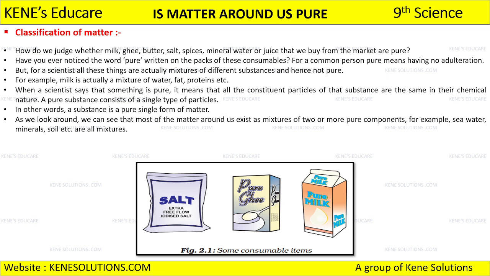That is what it states. We all get misunderstood that pure means it is not impure, that it has everything which is pure inside it, right? It's not that thing. It's that everything in that product is made up of, or contains, only a single type of particle. I just want each one of you to please go through the slide once.